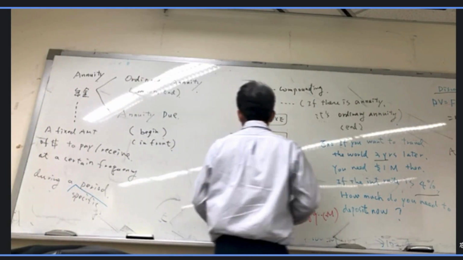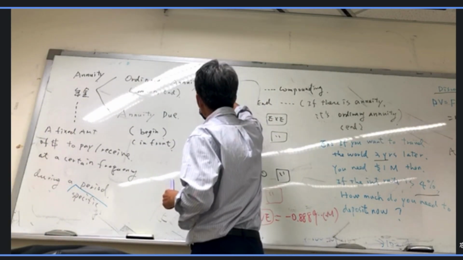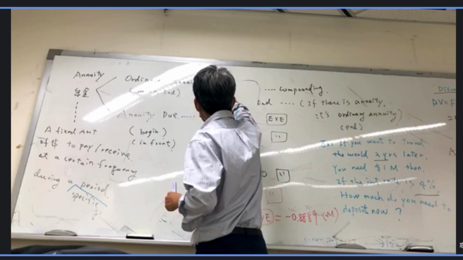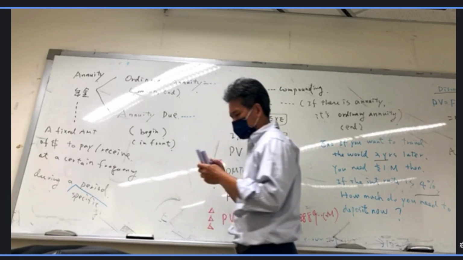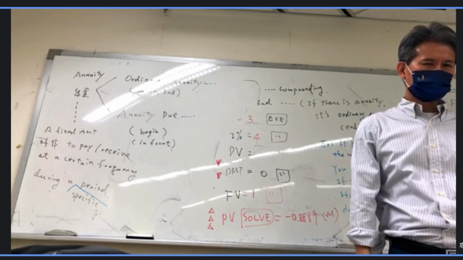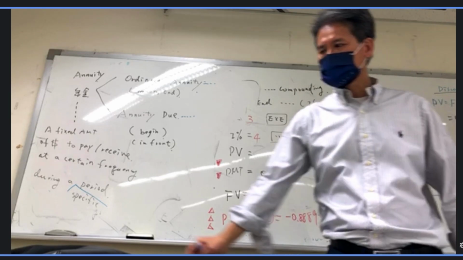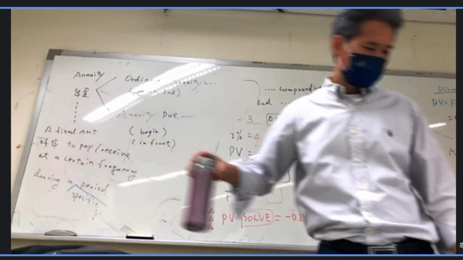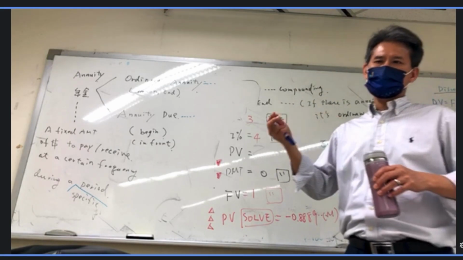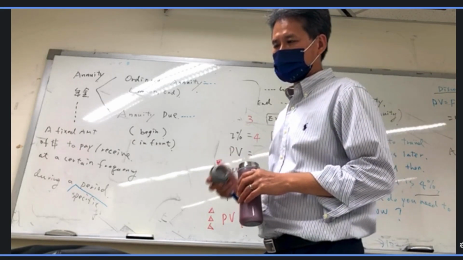Okay, so let's give some examples. What are the annuities you know? All kinds. Ordinary annuity? Oh, yeah, as you said.